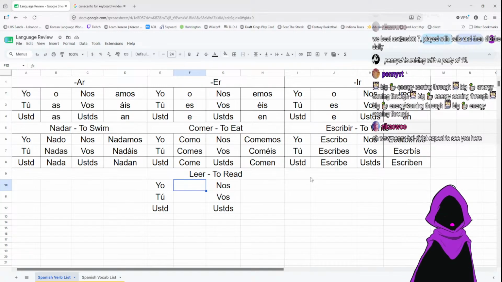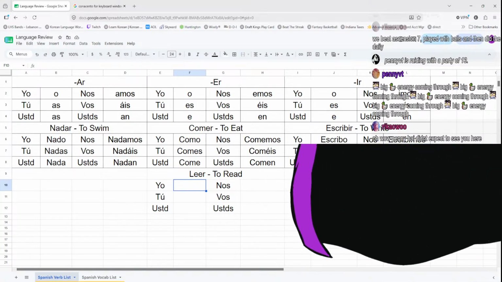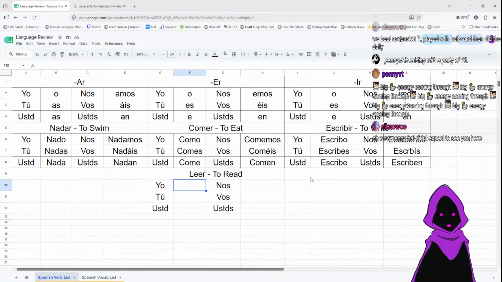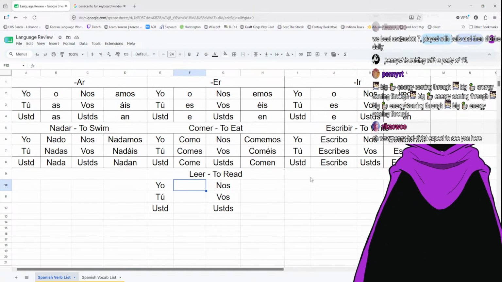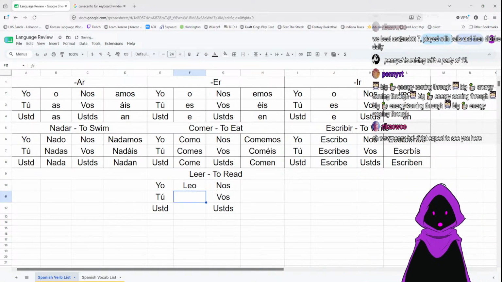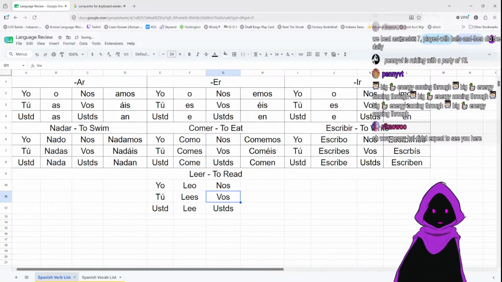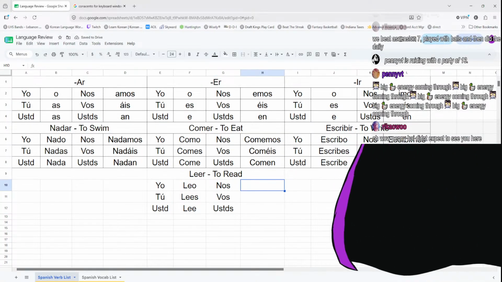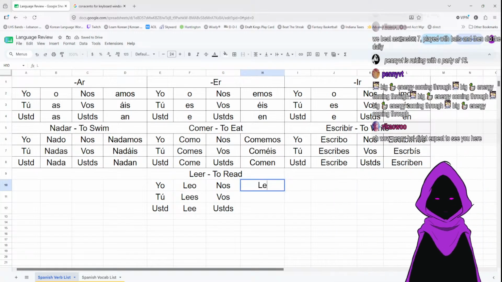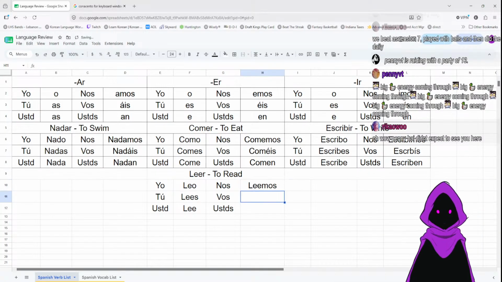Oh boy. So, as we do leer. Oh shit, did my headset just die? Well, I don't need it. Alright, so leer becomes leo for I read. We have lees for you read. Lee for he, she, or them read. We have leemos for we read.